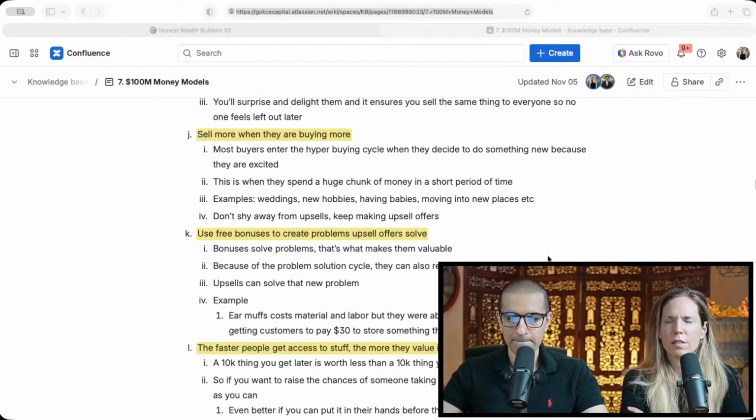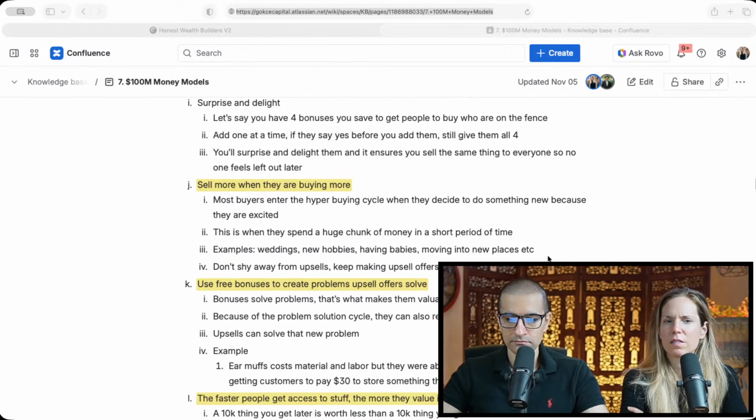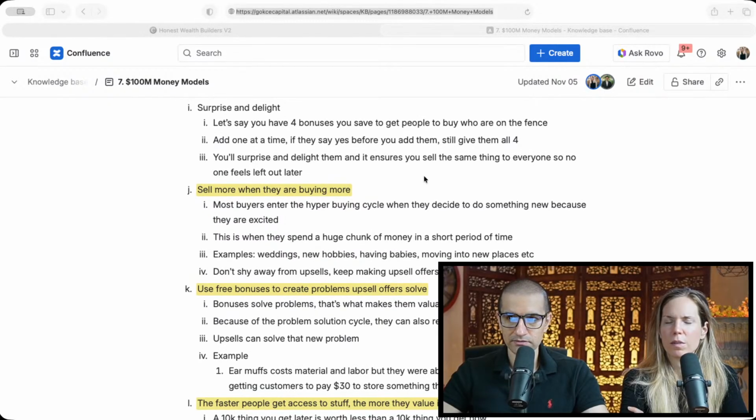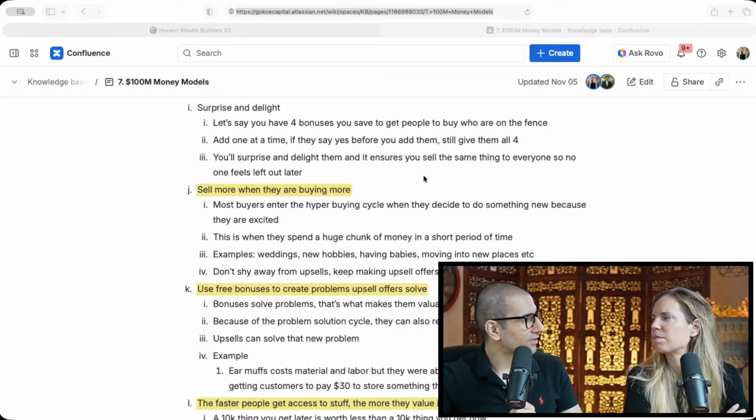Wait, but how is that fair if some people are paying for them and some aren't? Yeah. I'm not sure if that's what he's saying. "You save to get people." Oh, this is on save. As in, someone says, oh, I don't want your upsell.